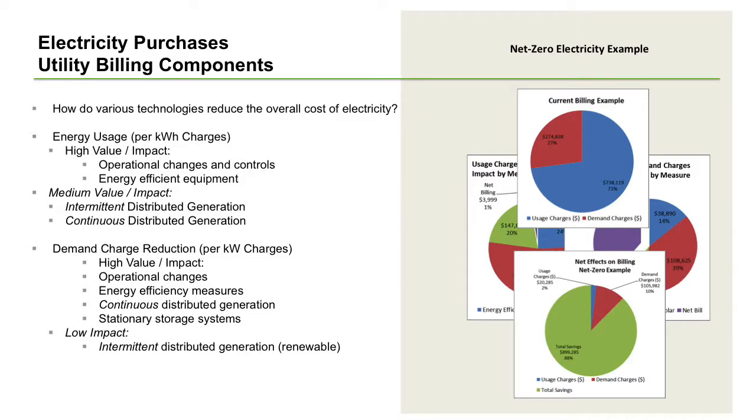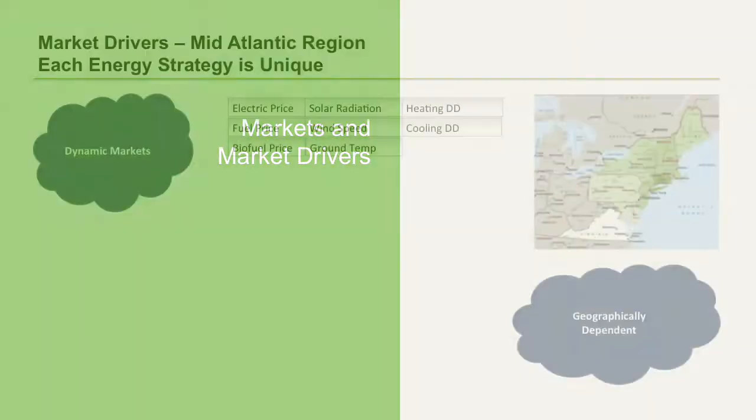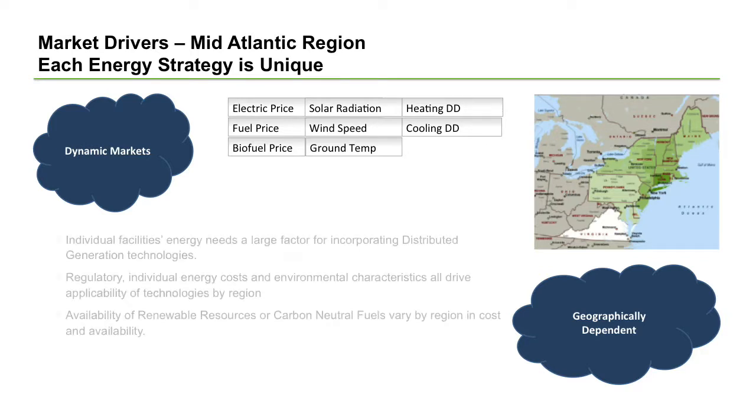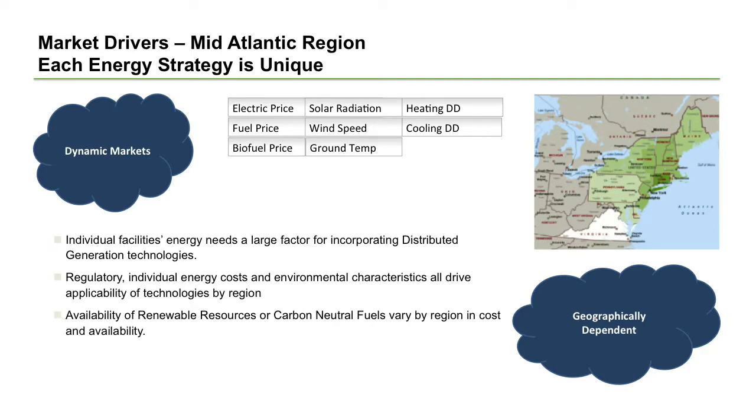The low impact, really the renewable generation technologies like solar and wind, really don't have a large effect on demand, but they can. Markets and market drivers, it really depends where you are for the renewables. So dynamic markets, you have various electricity prices throughout the country, various fuel prices that tie into the economics, availability and price of biofuels, solar radiation, certainly if you're in the southwest, there's a lot more sun than there is in the northeast, wind speed, ground temperature for geothermal systems, and heating degree days, cooling degree days.